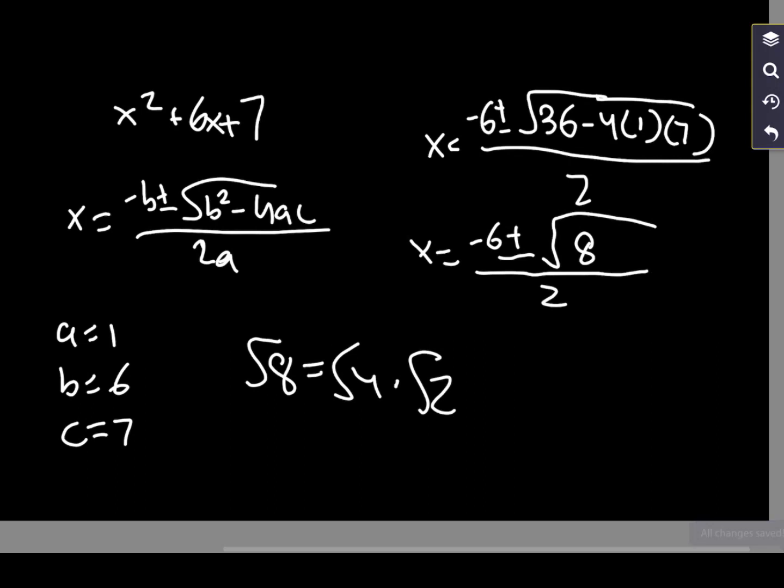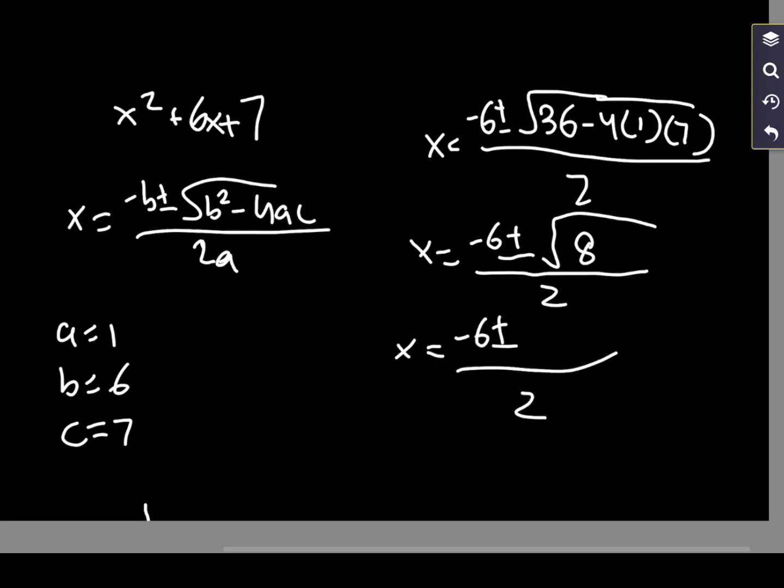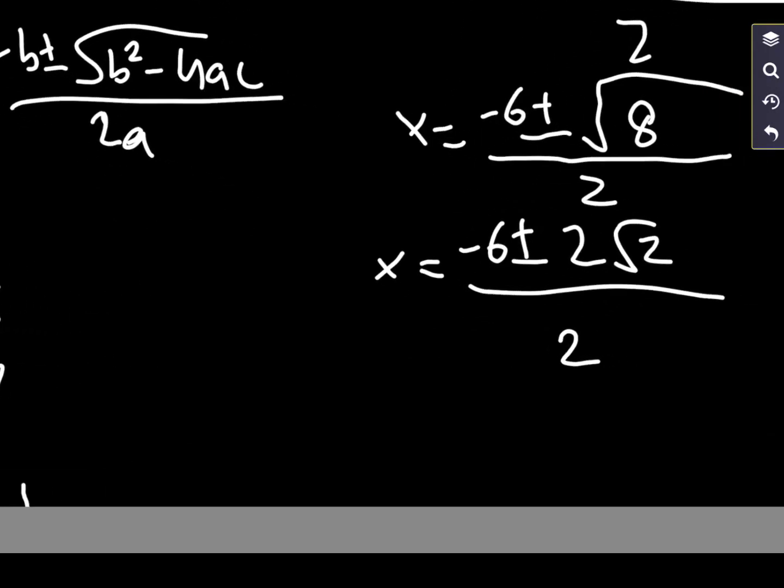So you can separate radicals as long as the stuff inside multiplies up to be your original thing. So we get x equals negative 6 plus or minus radical 4 times radical 2. The square root of 4 is just going to be equal to 2. So this is going to be 2 radical 2, and then all divided by 2.